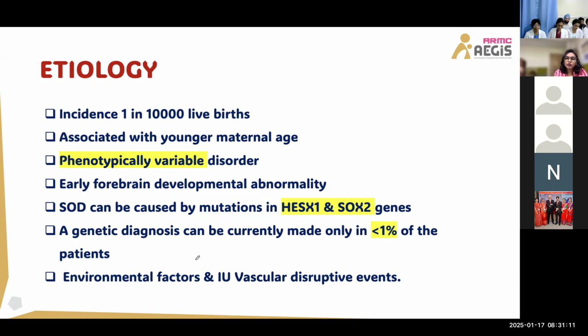Also, this condition is found to have a genetic etiology, which is thought to be caused by mutations in HESX1 and SOX2 genes, whereas a genetic diagnosis can currently be made only in less than 1% of the patients, which indirectly means that in the majority of the cases, the etiology still remains unclear.